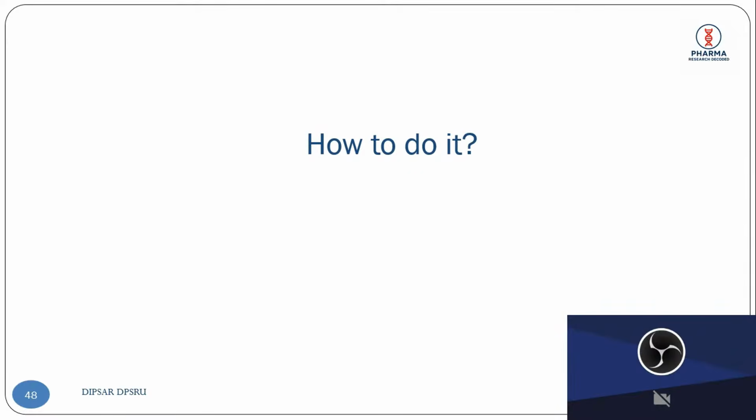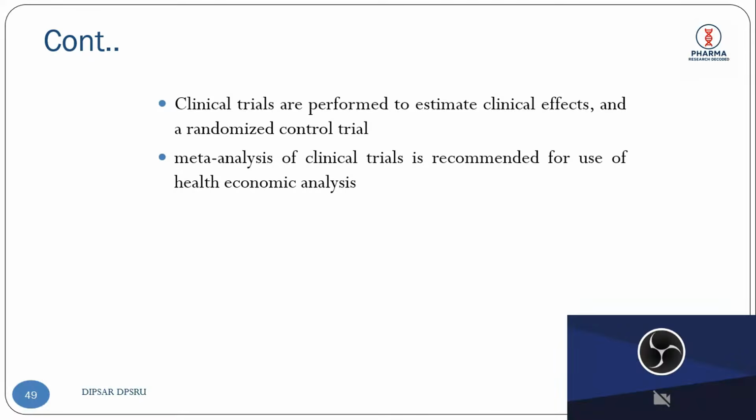So how to do it, that is the important question. If anyone of you wants to do a cost effectiveness analysis, how can you do it? A cost minimization study is easy to do, because you are dealing with only one data point, that is cost, right? And you are particularly dealing with the cost of the medicines, not with other types of cost.